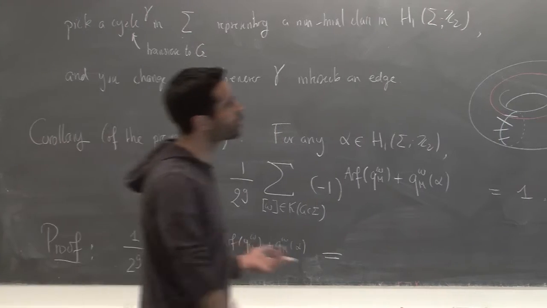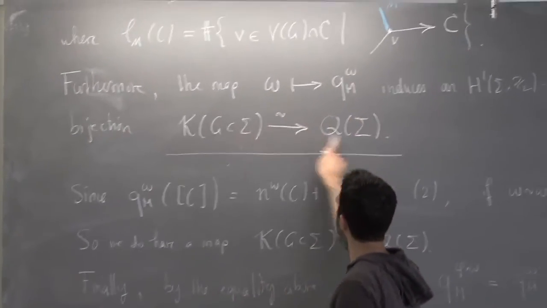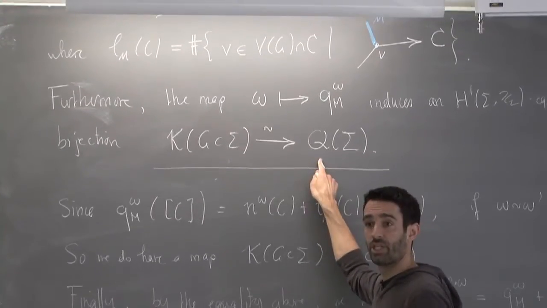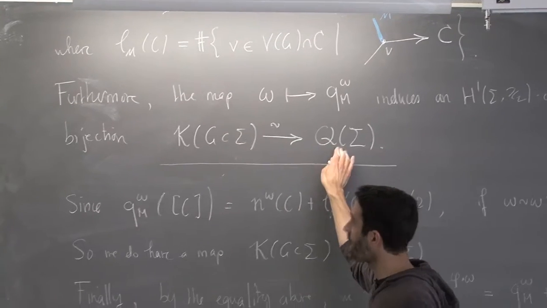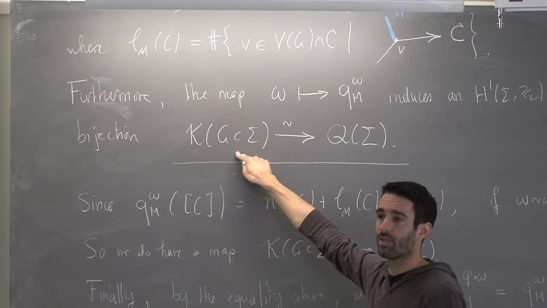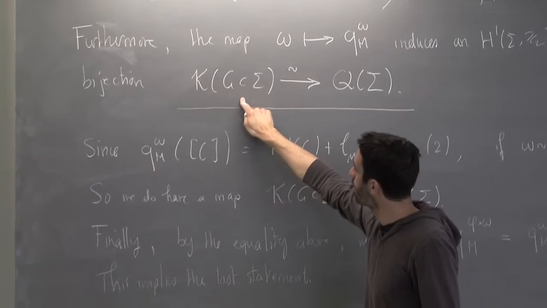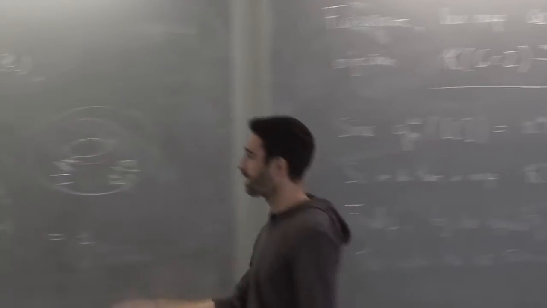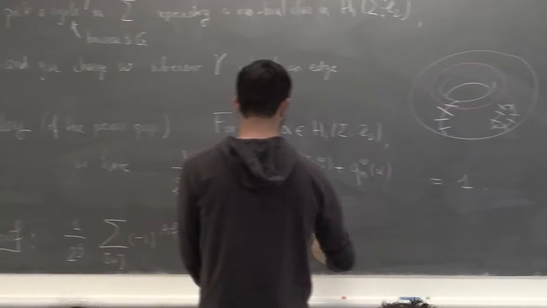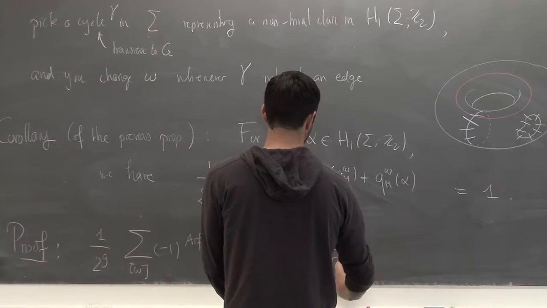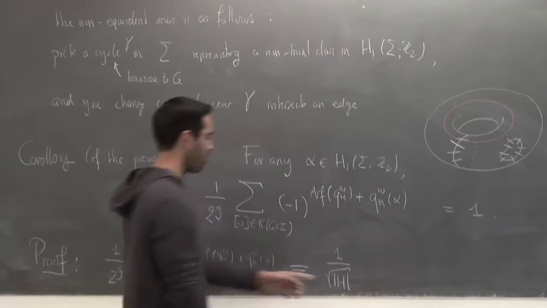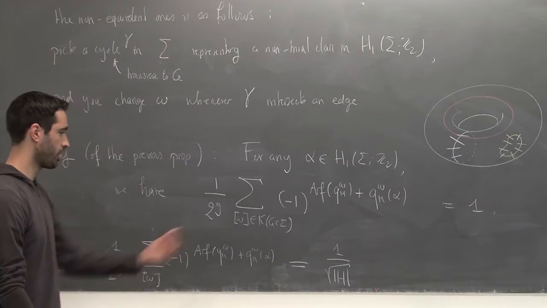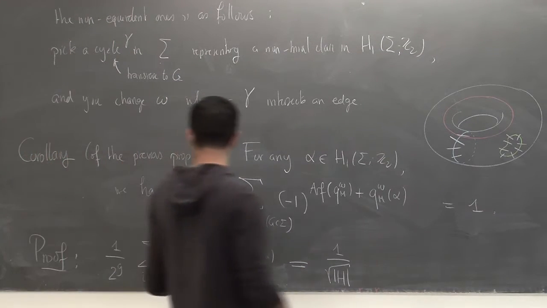So actually, we just proved that this map here induces an equivariant bijection between Kasteleyn orientations. So when I'm summing over all equivalence classes here, it is the same as summing over all quadratic forms, right? So here I can really write 1 over the square root of the number of elements in H, where H is H1 of the surface.